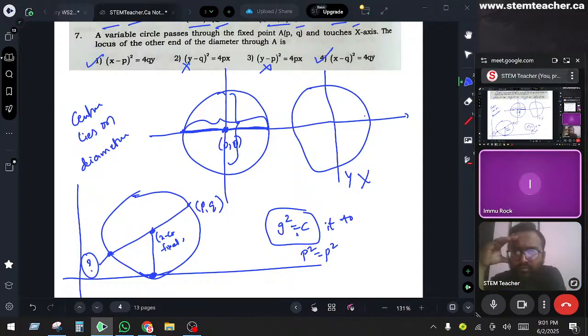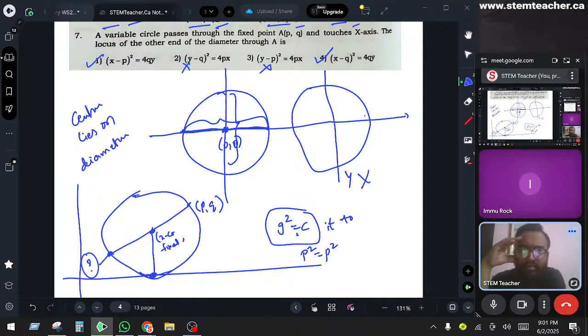A variable circle passes through the fixed point A of P, Q, touches, other end of the diameter through A. So this is a fixed point the circle passes through, so we need the path. What is the diameter formula?